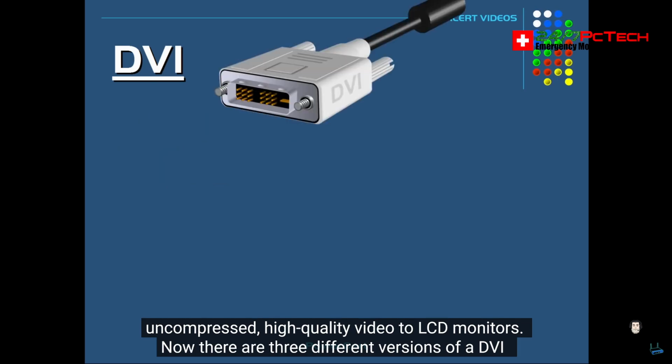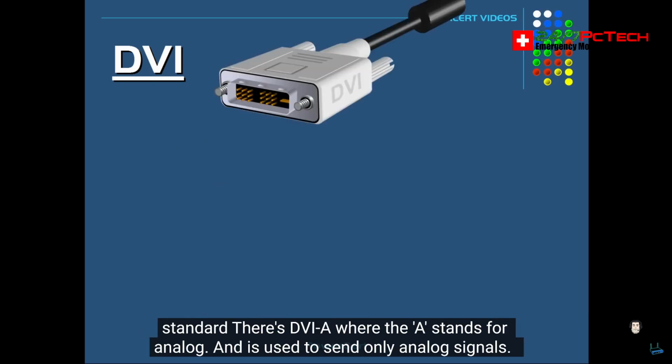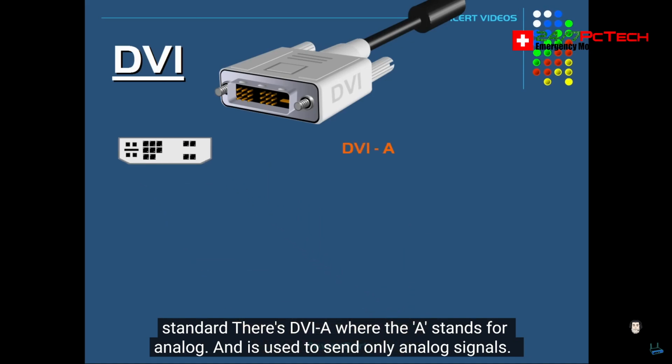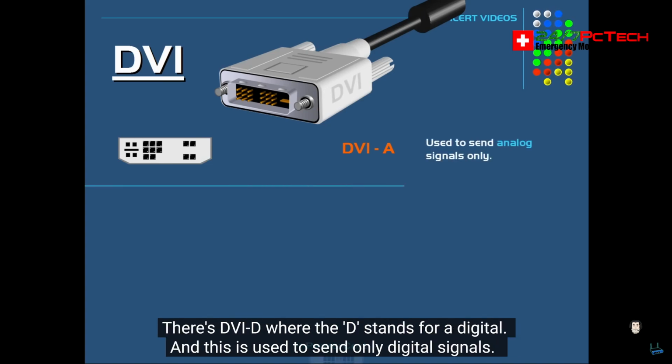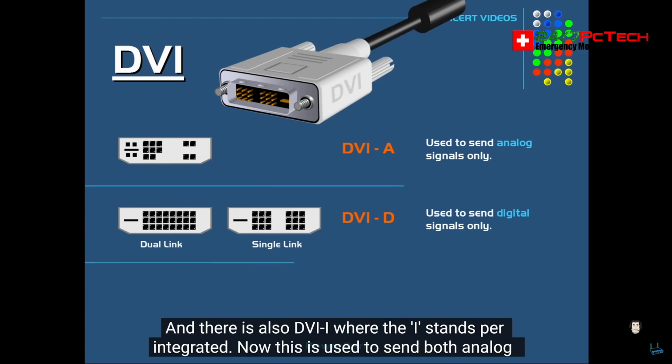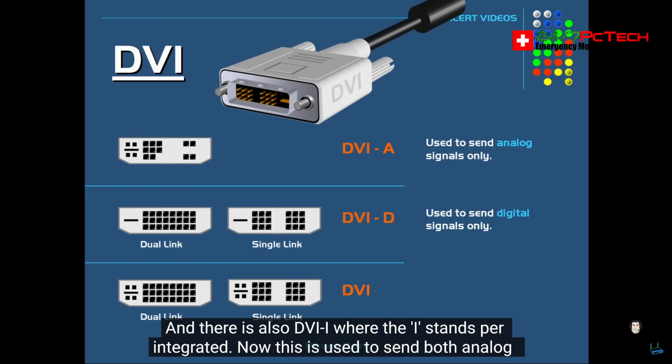Now there are 3 different versions of the DVI standard. There's DVI-A, where the A stands for analog, and this is used to send only analog signals. There's DVI-D, where the D stands for digital, and this is used to send only digital signals. And there's also DVI-I, where the I stands for integrated.